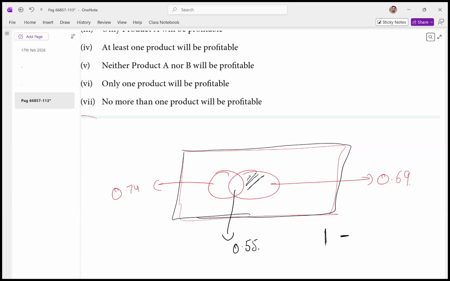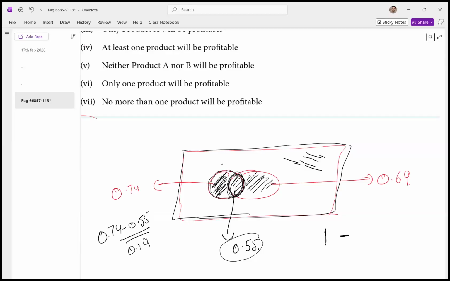First of all, I have to find this section and this section separately to find out what the value of the outside section is. So if this whole section is 0.74 and this section is 0.55, what will the remaining section be? You guessed it right, 0.74 minus 0.55. This will become equal to 0.19.